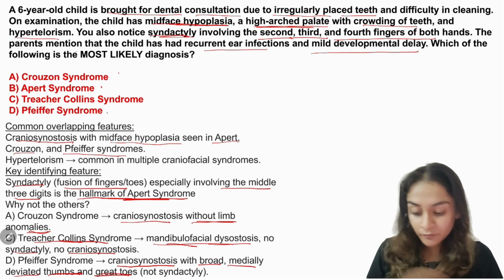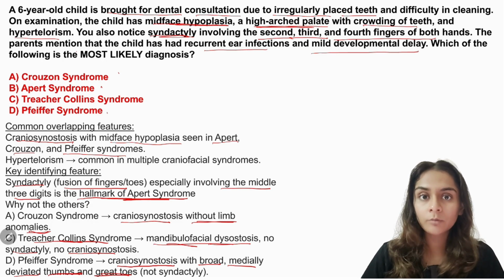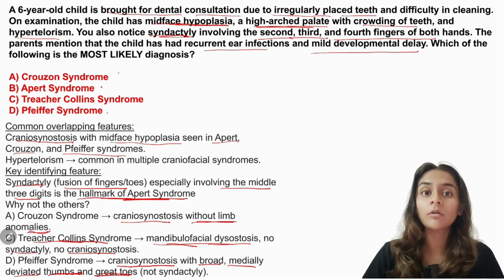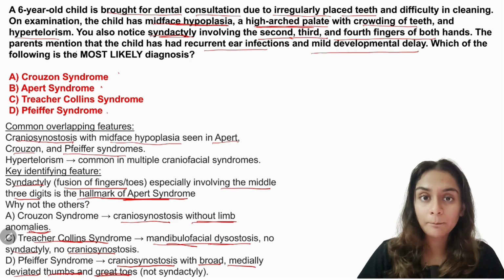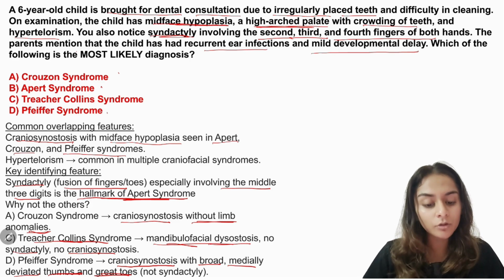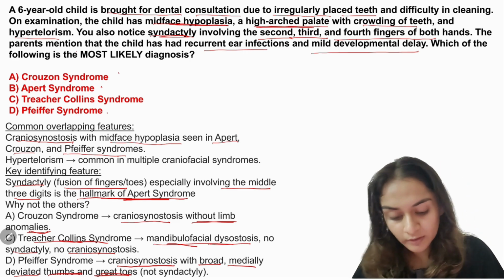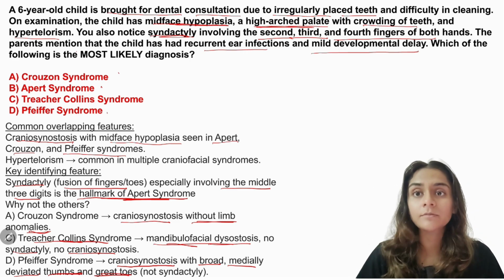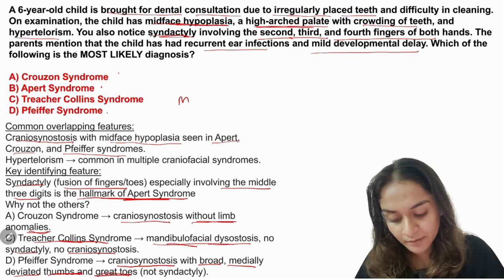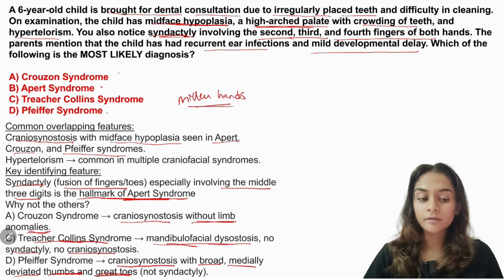So you can get confused in your exams between Apert syndrome and Pfeiffer syndrome, but you have to make a note: in Apert syndrome there will be syndactyly involving the second, third and fourth fingers of both the hands. Sometimes they can mention in your exam that the patient had mitten hands. Mitten hands is one of the key words for this syndrome.